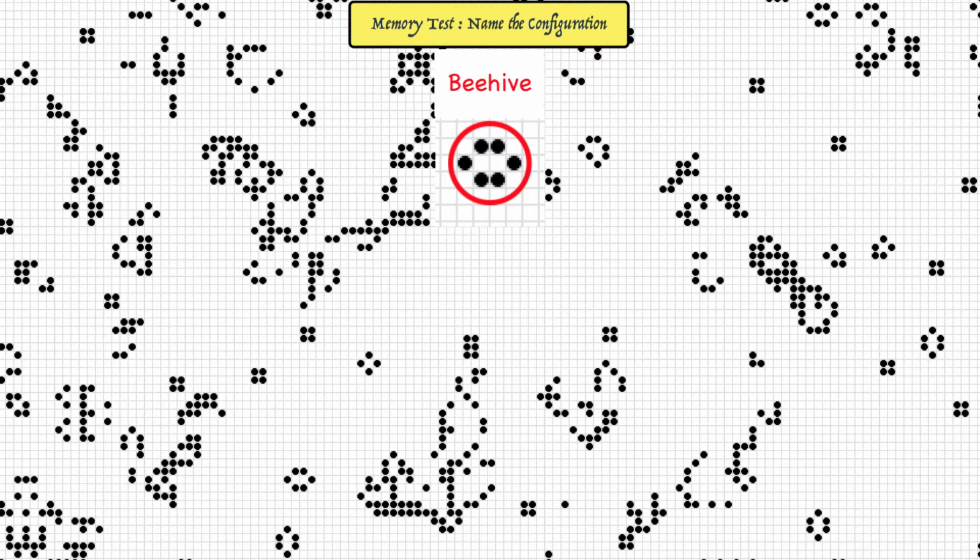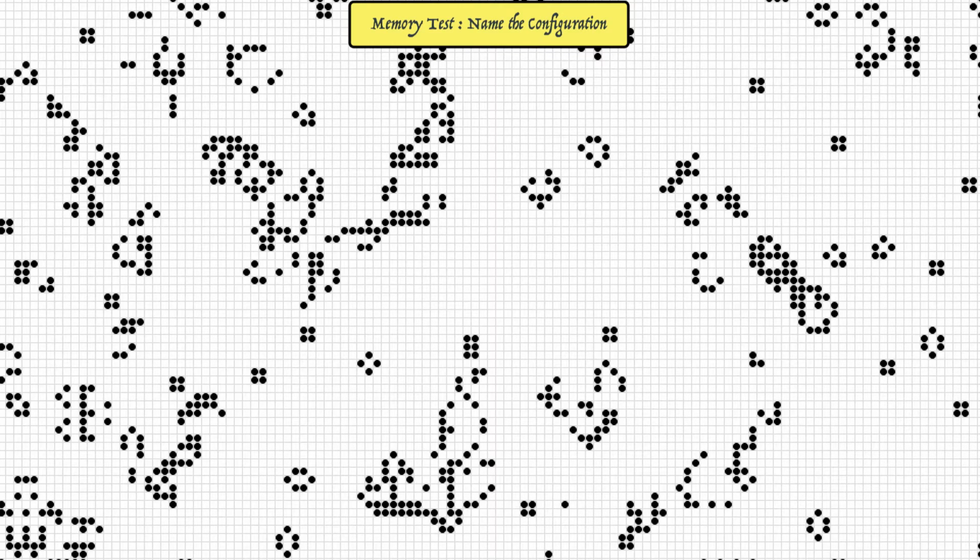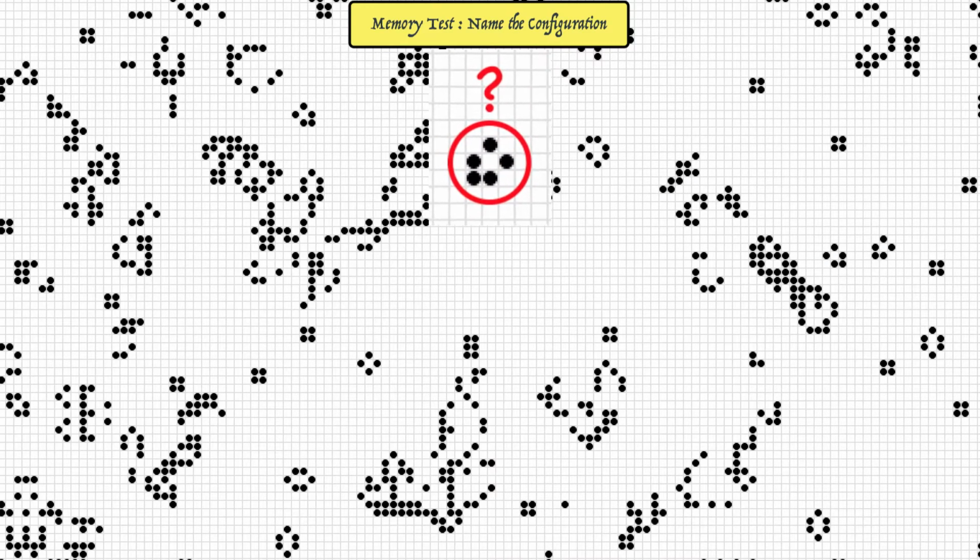Did you remember that one? It was the beehive. Number 4, over on the right there. And that's the boat.